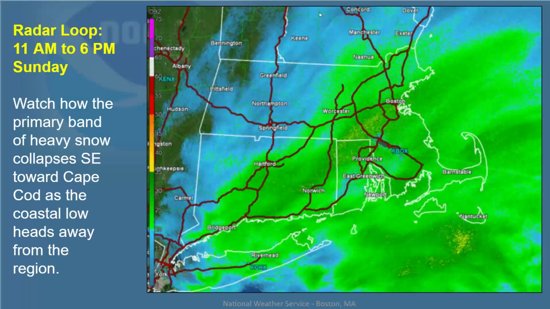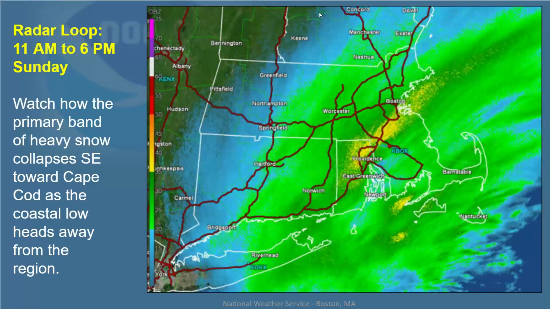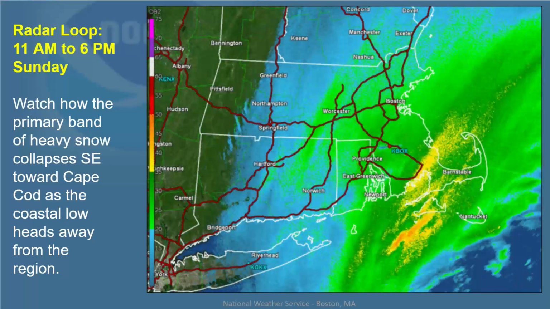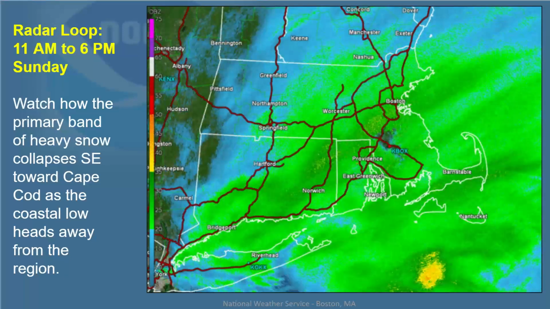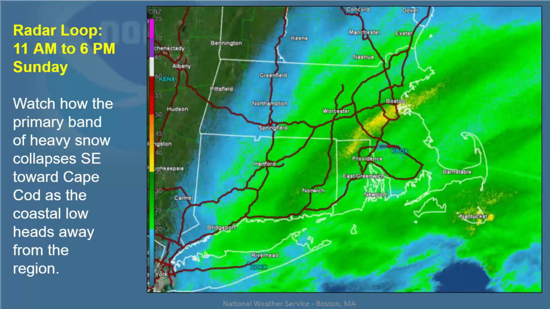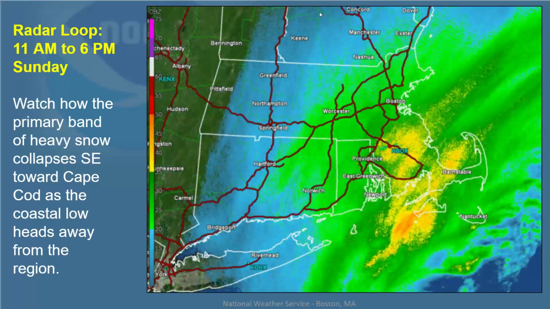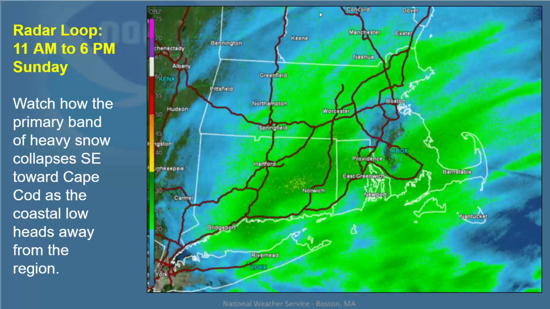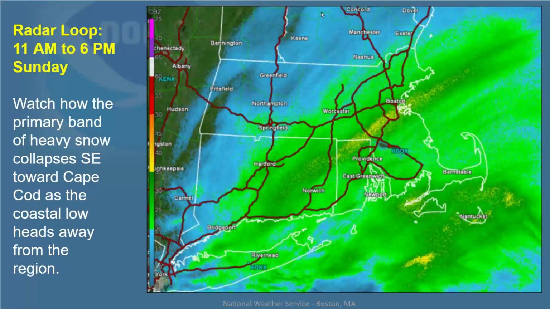And I think we're going to loop this radar here. And notice how the primary band of heavy snow collapses southeast towards Cape Cod as the coastal low starts to lift northeast. And what's interesting is this wasn't a particularly strong low pressure system, but a lot of times we get these more stationary snow bands, and it was stationary for a time in that area for several hours.